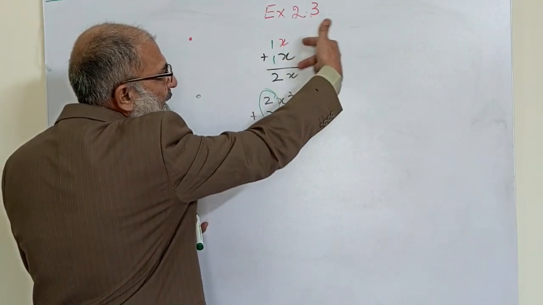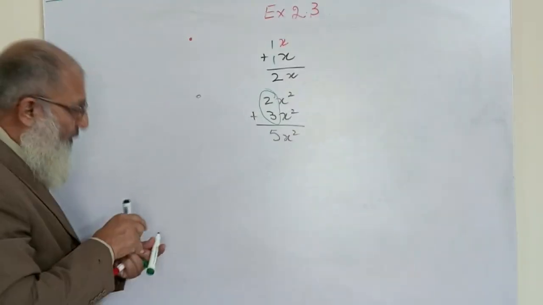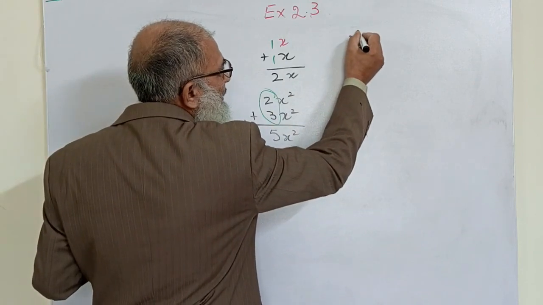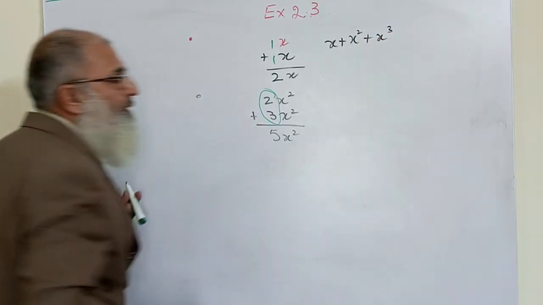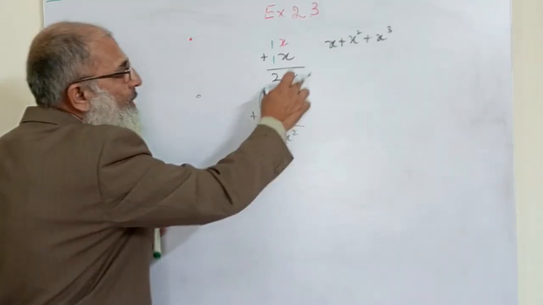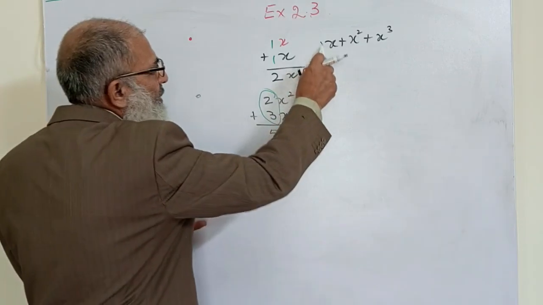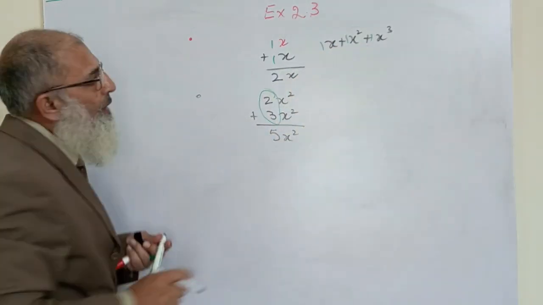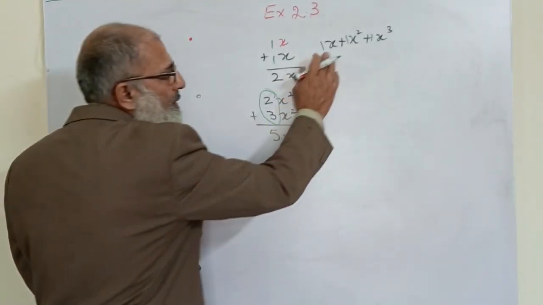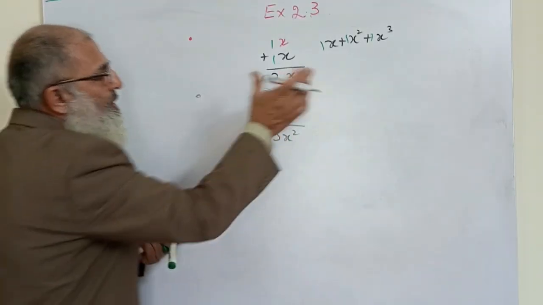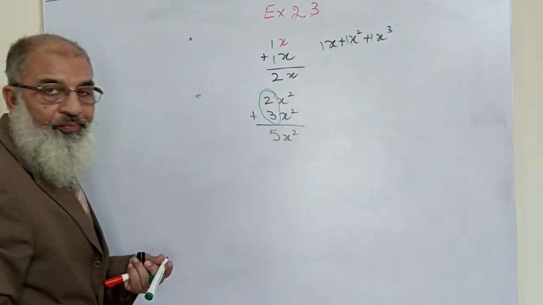So this means that like variables, same degree variables, can be added. For example, if we have x square and also an x and also an x cube, these cannot be added. You see that all of them carry 1 as their coefficient, but these cannot be added together. You cannot write it in this way. This remains as it is, in this form.